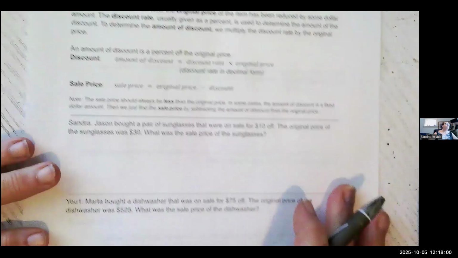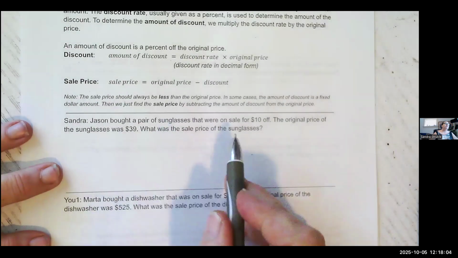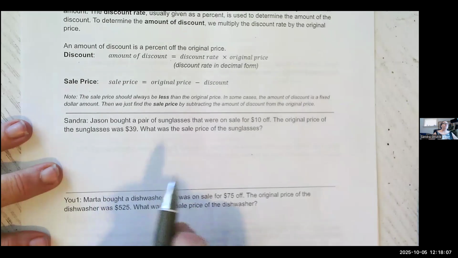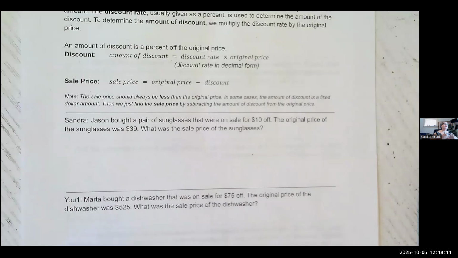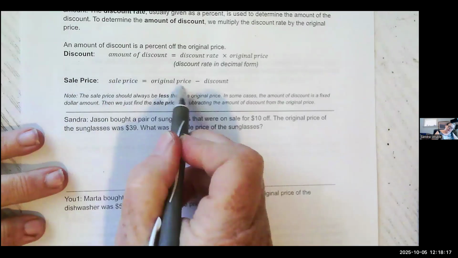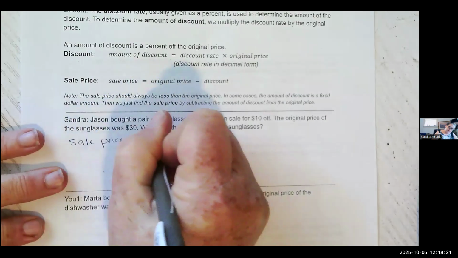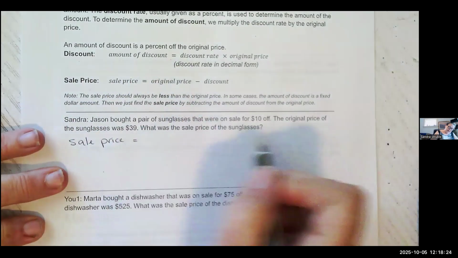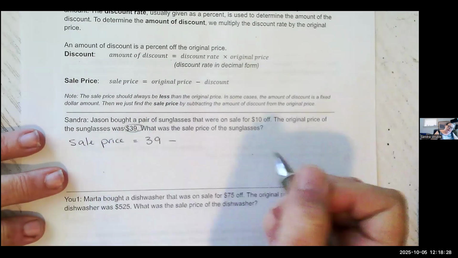First one I do here: Jason bought a pair of sunglasses that were on sale for $10 off. The original price of the sunglasses was $39. What is the sale price of the sunglasses? Well, the sale price is the original price, which is $39, minus the discount.